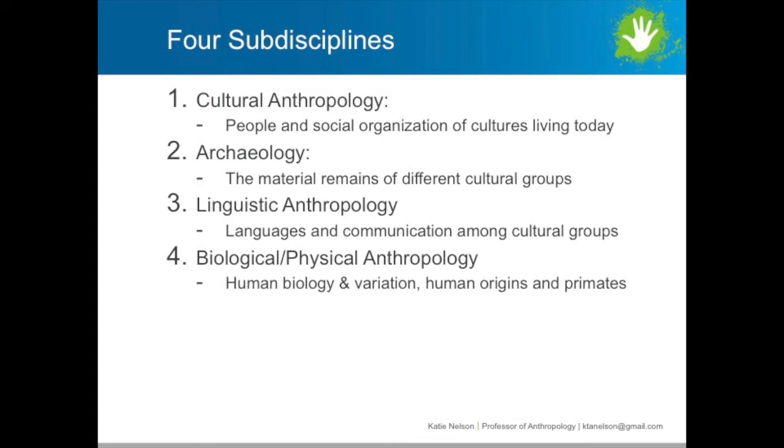The only difference is that archaeologists are looking at cultures and culture groups that are no longer alive today. Linguistic anthropology is interested in languages and communication among cultural groups. And finally, biological or physical anthropology looks at human biology and human biological variation, as well as our human origins and those of other primates as well.